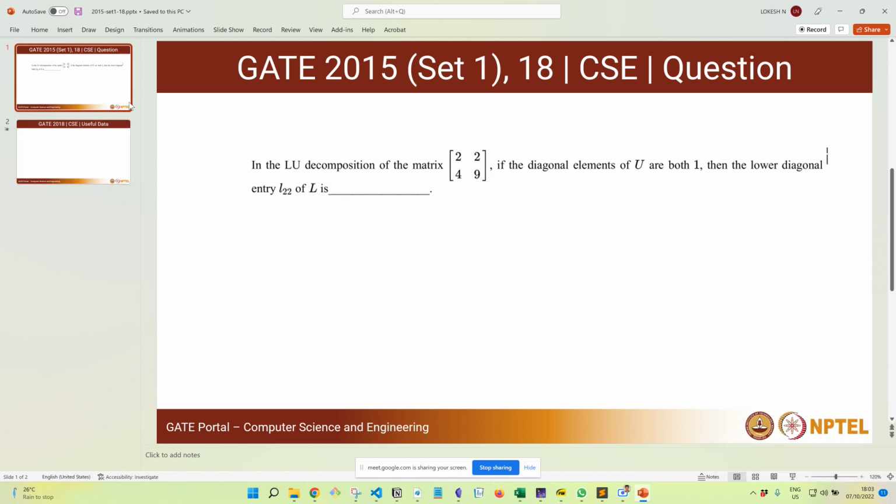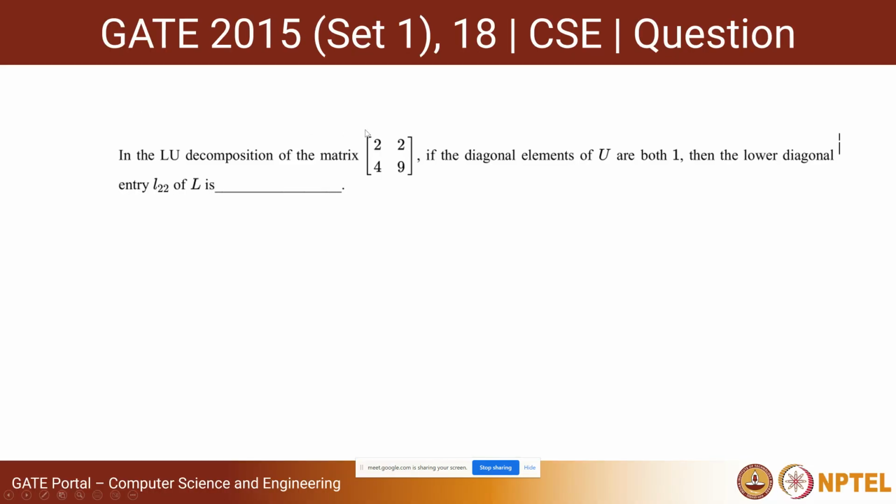Okay. So now this is GATE 2015, question number 18 in set one. Here, what they're asking us to do is to find the LU decomposition of the given 2 cross 2 matrix. You must be knowing what LU decomposition is already, because we have been seeing system of linear equations.